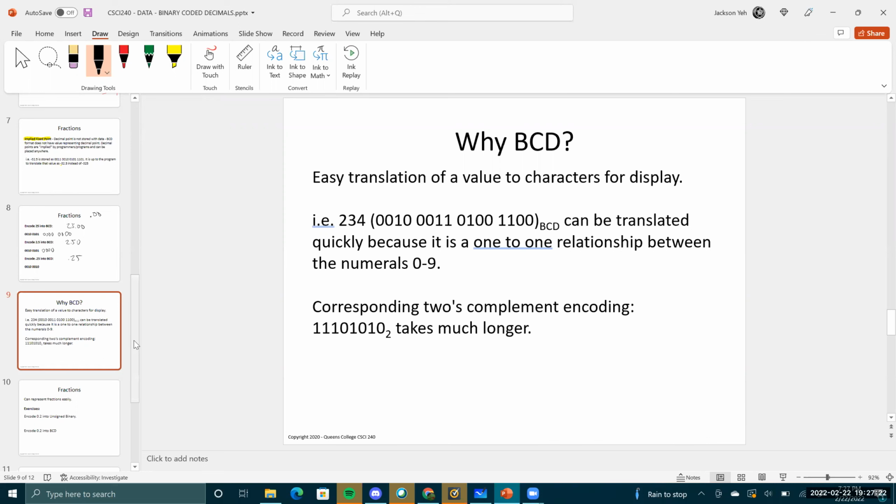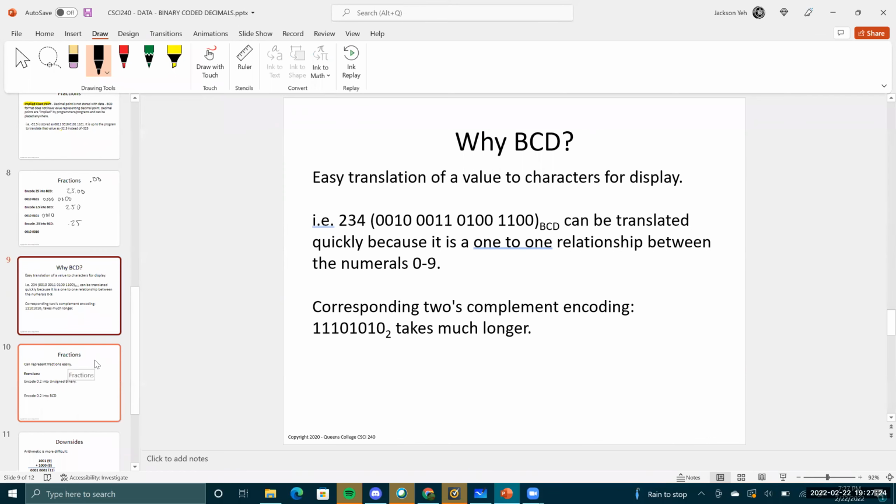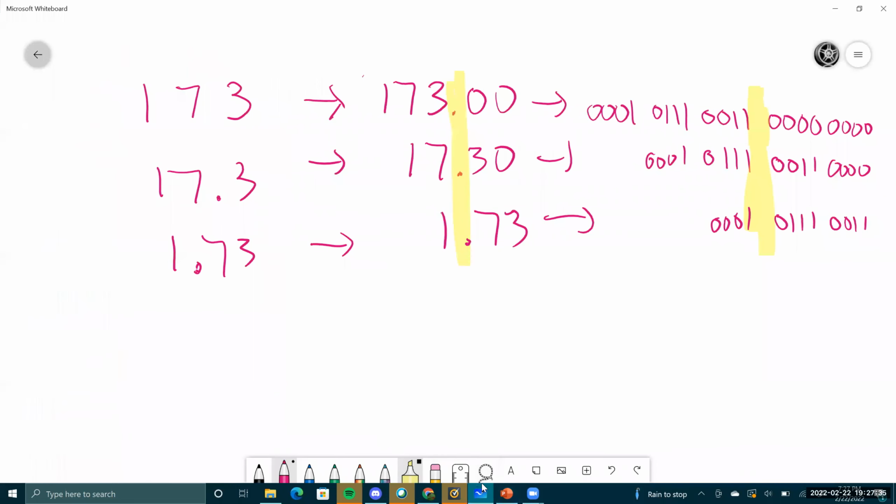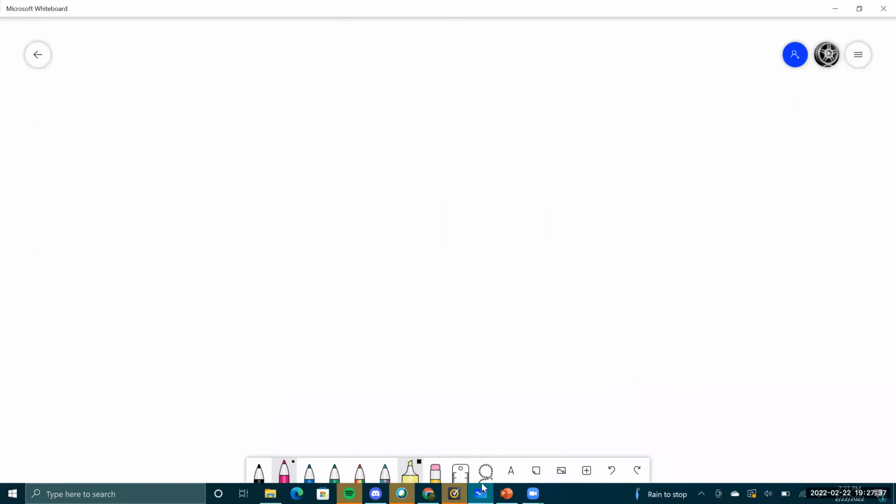So the other benefit is fractions, okay? Let's quickly talk about binary fractions. We covered the basic fractions, but what about more complicated fractions? Let me erase this.